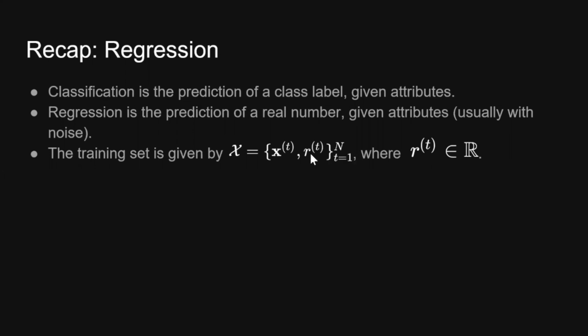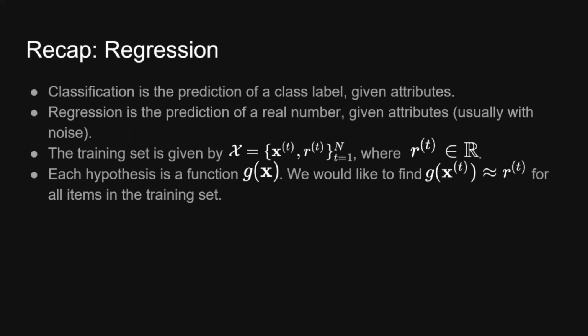In case of classification, R can be a set of integers or natural numbers, giving an index to a certain class. And we have the superscript t to indicate the index of the data. We assume that we have n data, and t is the superscript indicating the tth data point out of those n data samples.